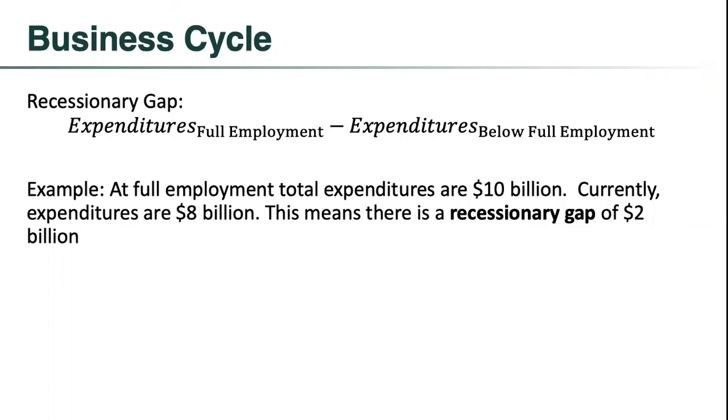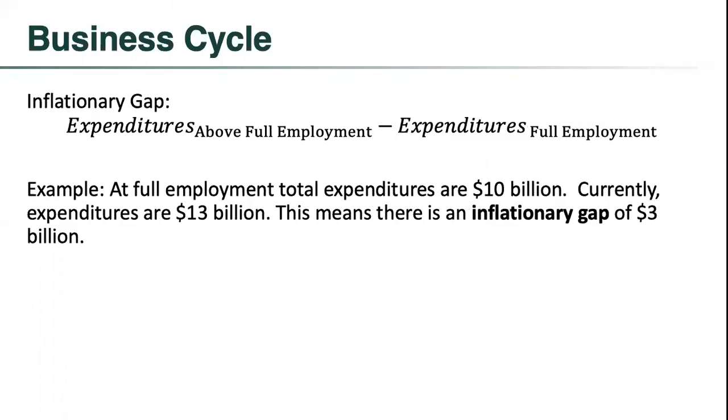Someone asked, is the recessionary gap and the inflationary gap the same? The expression looks the same, and the idea is similar. It's just the difference between whatever you're observing in the economy and full employment GDP. But the inflationary gap is whatever you're at above full employment minus full employment.